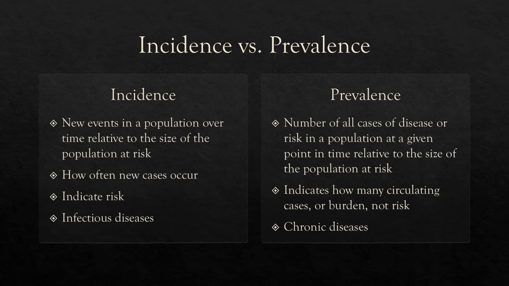But if you are looking at how quickly the disease is spreading, you're going to look for incidence. If you're looking at how well can our hospitals withstand the burden of people who may need to be hospitalized, you're going to look at prevalence.